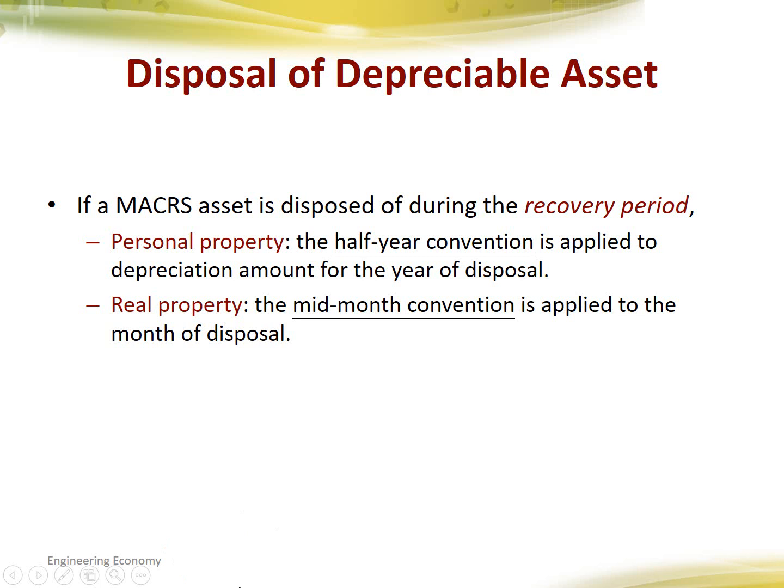project, chances are the asset still has value, and selling or disposing this asset will generate some income, and this income may not be the same as the book value, so we need to adjust for the salvage value at the end.